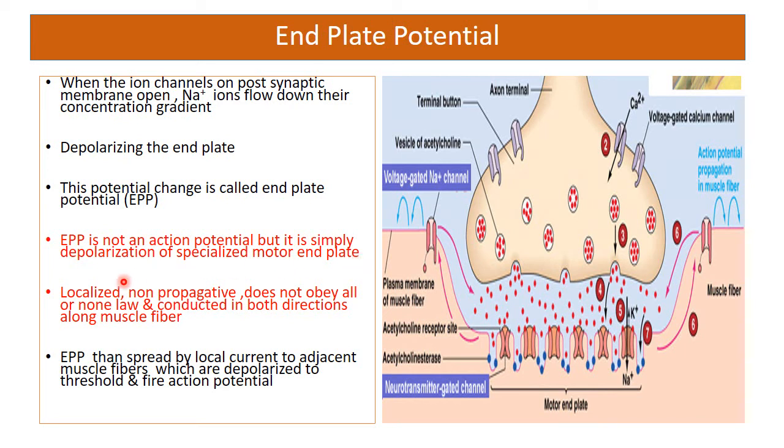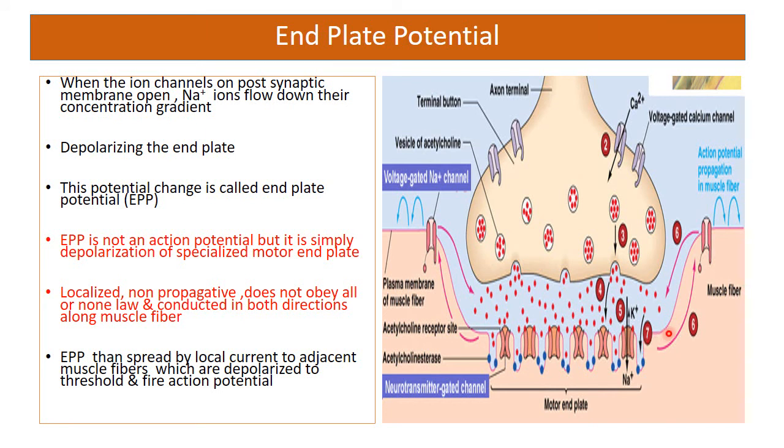It is localized, non-propagative, does not obey the all or none law, and is conducted in both directions along the muscle fiber. Here you can see it is going in both directions.